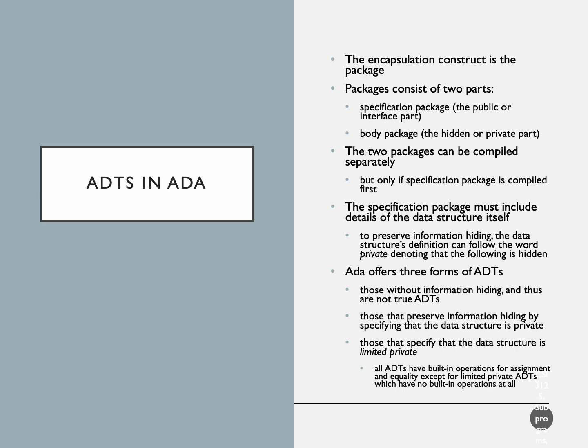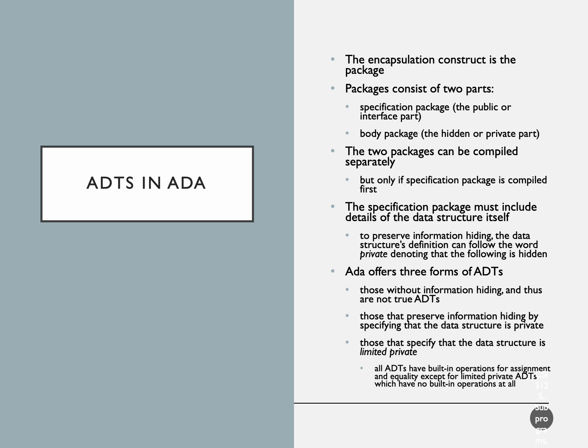Just like in Modula-2, a package in Ada is split into two parts: first, the specification package, which is the public interface, and second, the body package, which contains the private or hidden implementation. These two parts can be compiled separately, but the specification must always be compiled first because it defines what the external code can see and rely on.